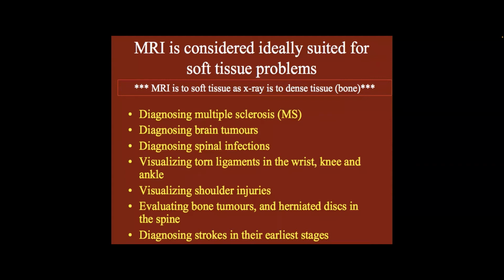MRI is commonly used for diagnosing brain tumors and spinal infections, visualizing torn ligaments in the wrist, knee, and ankle, and also visualizing shoulder injuries, evaluating bone tumors, herniated discs in the spine, and also diagnosing strokes in their early stages, right, by looking at those brain MRI scans.